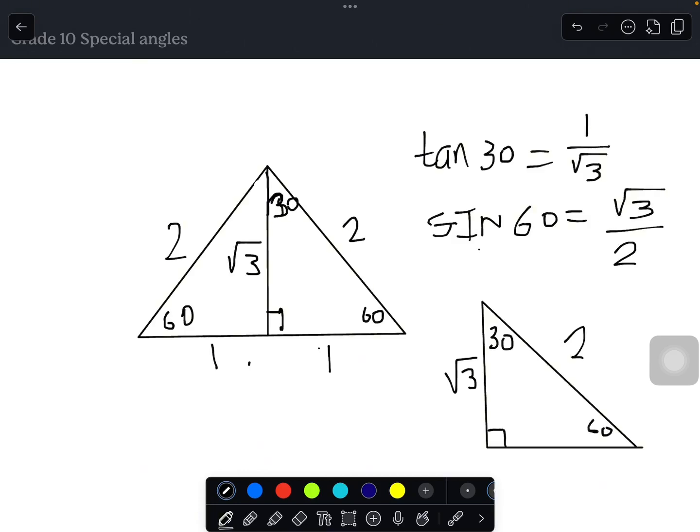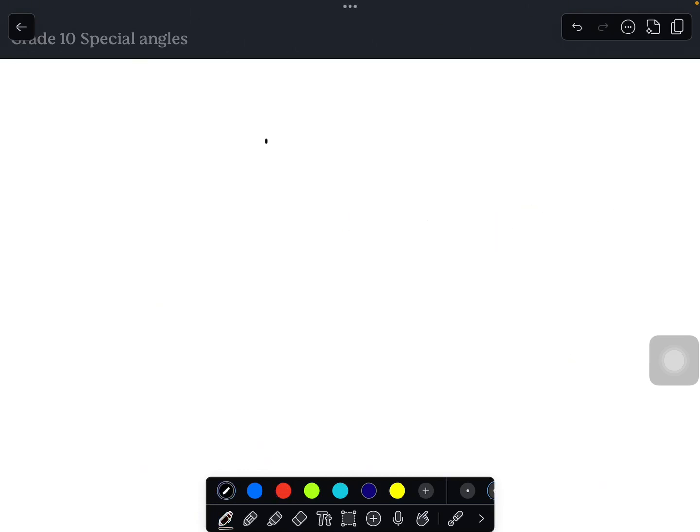We're now going to move on to forming the second special angle. Now in our second special angle, this is going to be an isosceles 90 degree triangle. And what do we know about our isosceles triangle?